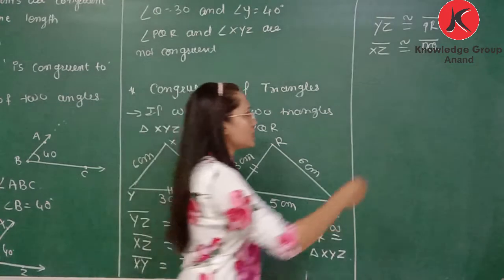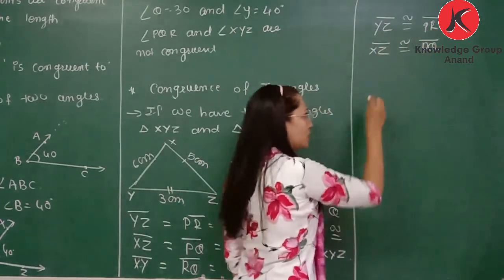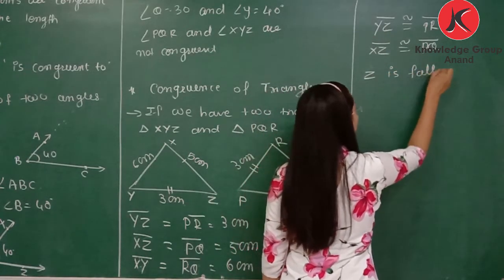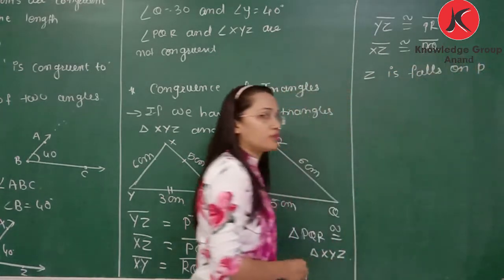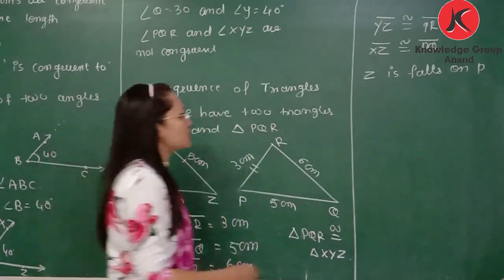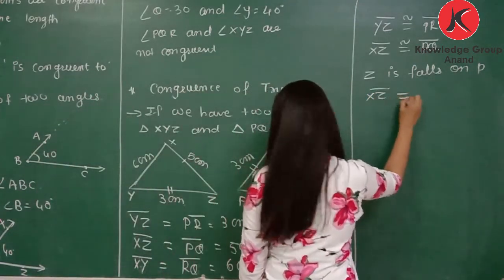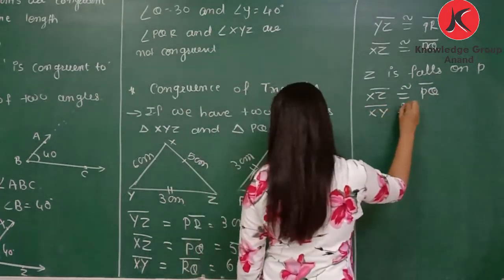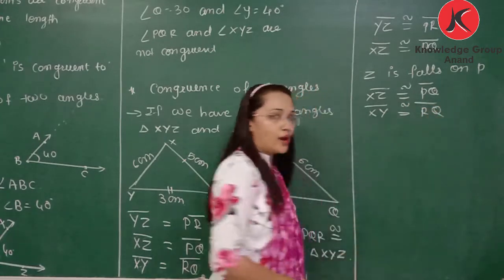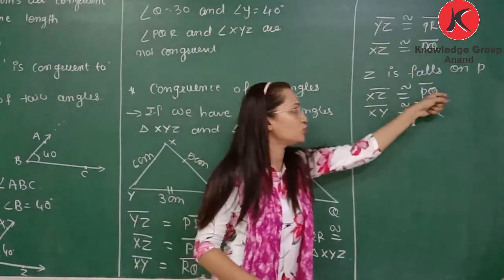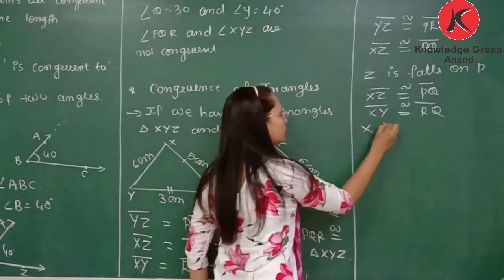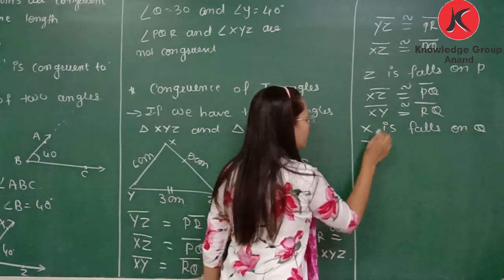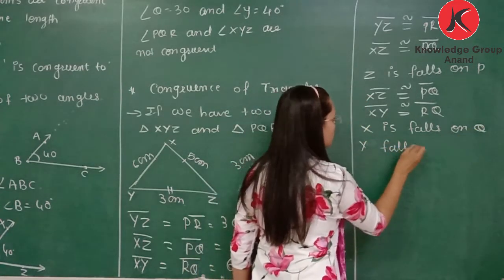Okay, so now you can see here Z corresponds to P. So we can write Z falls on P. Now let's consider the second correspondence. XZ corresponds to PQ and XY corresponds to RQ. Now here you can see X and here Q. So X will fall on Q and the remaining Y falls on R.